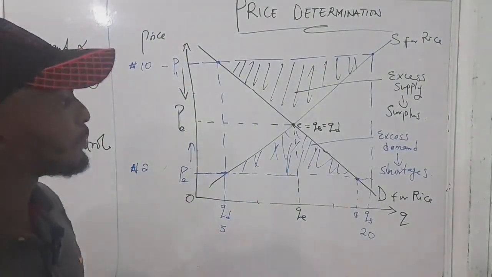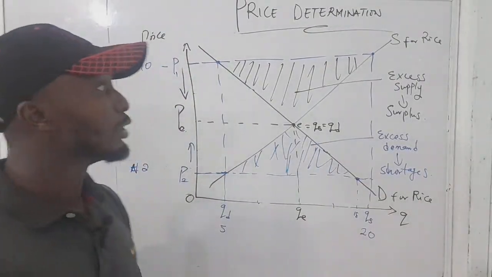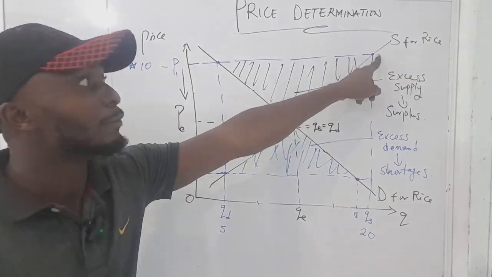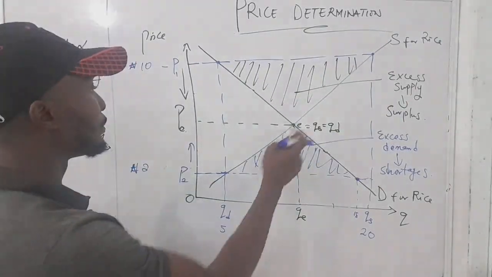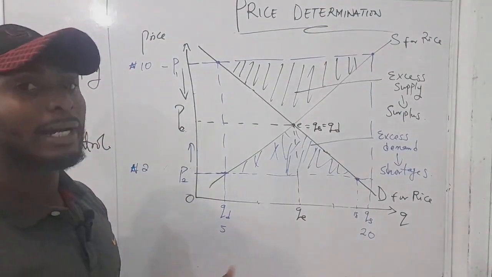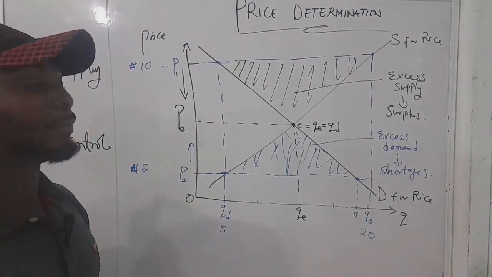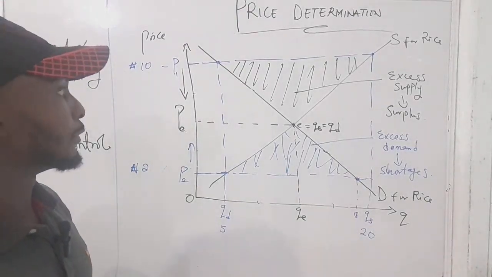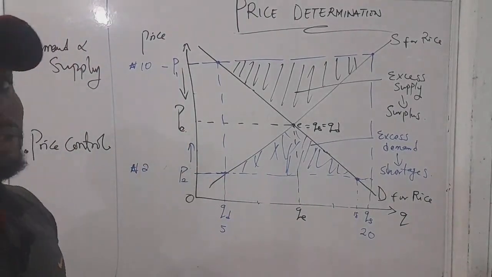In every market, you have a lot of people who want to buy the product, represented by the demand. We also have the people or firms who want to sell the product, represented by the supply, and at equilibrium, they buy and sell at a given price, and they sell and buy the same quantity. So this is how prices are determined in the market.